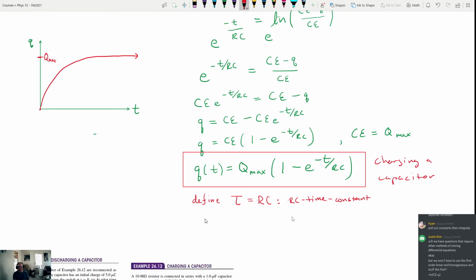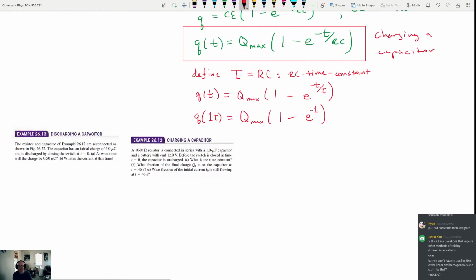So we can rewrite our equation using tau as Q of t is equal to Q max times 1 minus e to the negative t over tau. Now, if we calculate what Q at 1 tau is equal to, at time equal to 1 tau, we get Q max times 1 minus e to the negative 1, right?